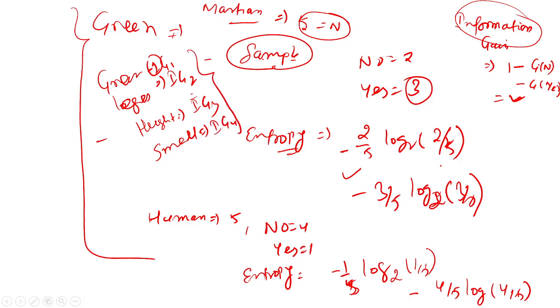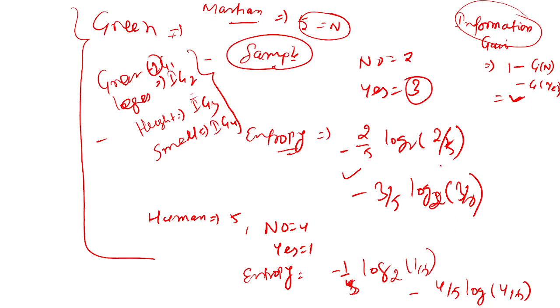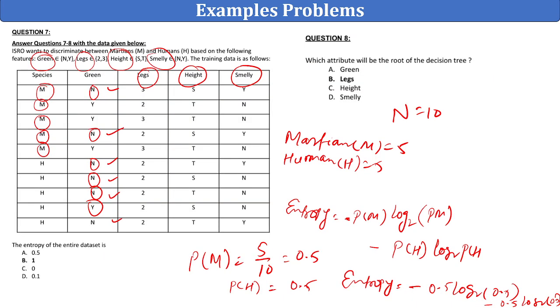Whichever information gain has the most value, we take it as the root of the decision tree, is it? So first for the Martian, then the humans, then we'll calculate information gain. Don't get confused.